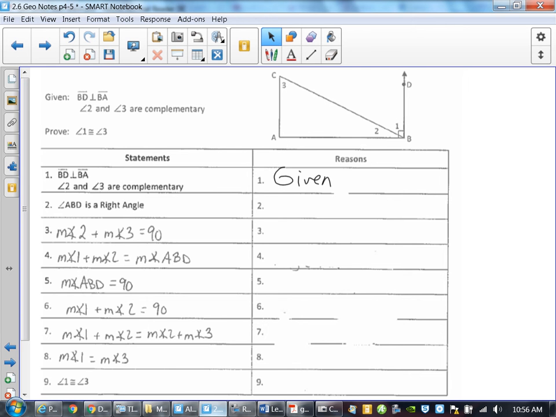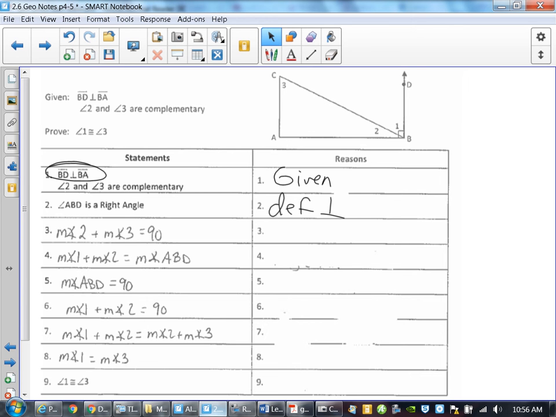Gotcha. So in this case, they're starting out by working with the perpendicular portion. They're saying that angle ABD is a right angle, because of the definition of perpendicular.